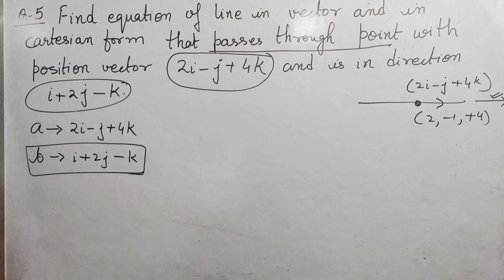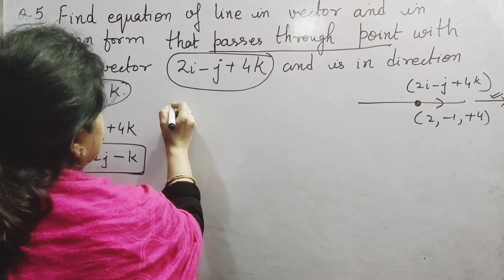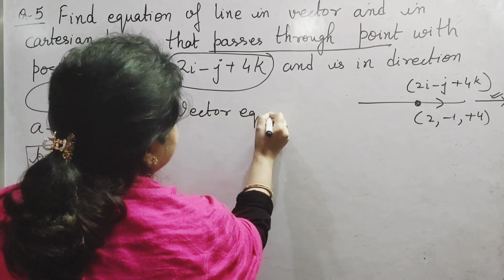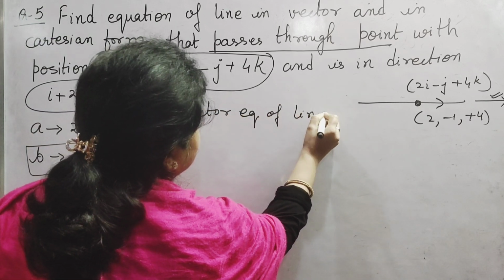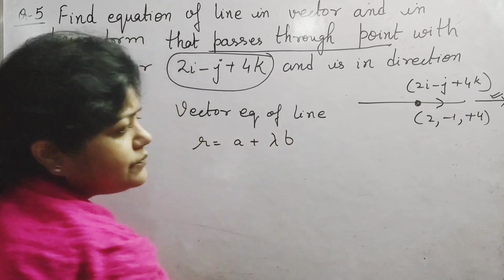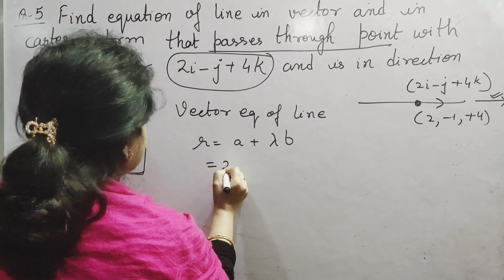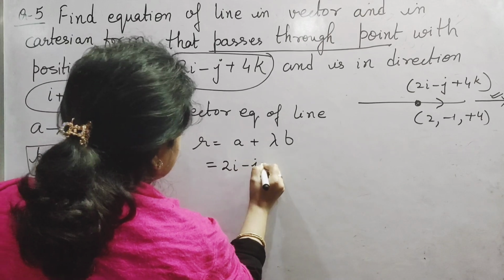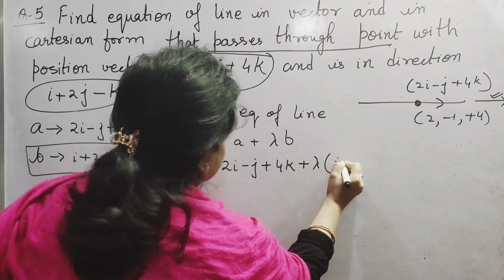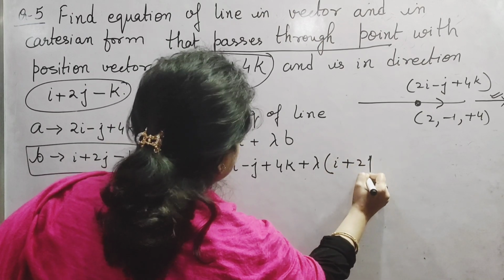Now, as I told you in the earlier question, the vector equation of line is r is equal to a plus lambda b. Similarly, we can write 2i minus j plus 4k plus lambda times i plus 2j minus k.